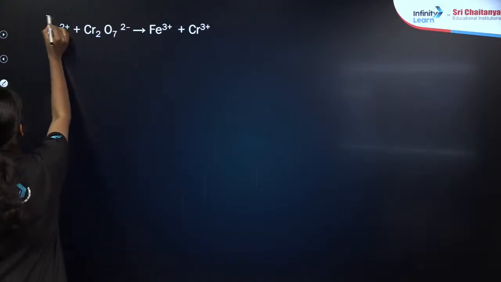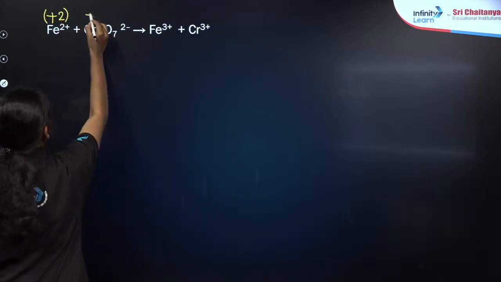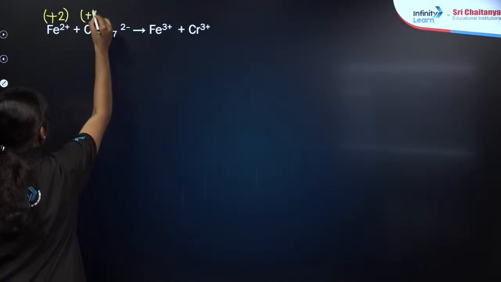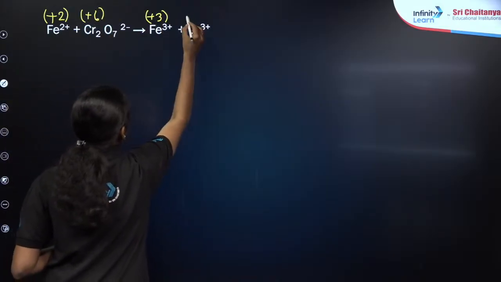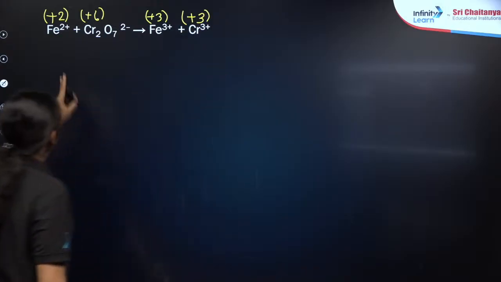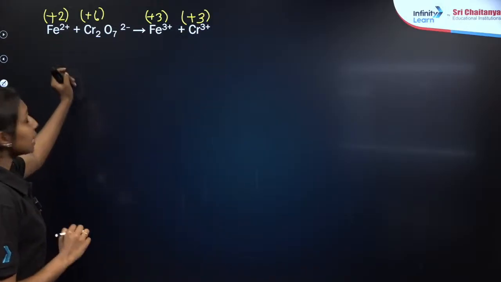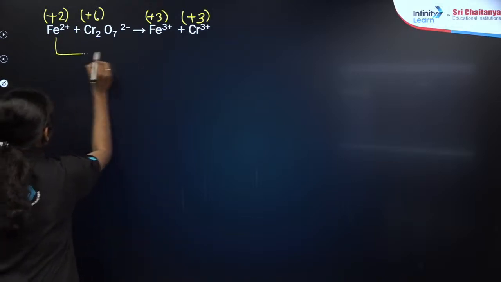As you can see here, in the case of Fe2+, the oxidation number is +2, right? Then what about Cr2O7 2-? +6, right? Then here it is +3, again it is +3. You can see here Fe is changing its oxidation number from +2 to +3, which means it is undergoing oxidation.